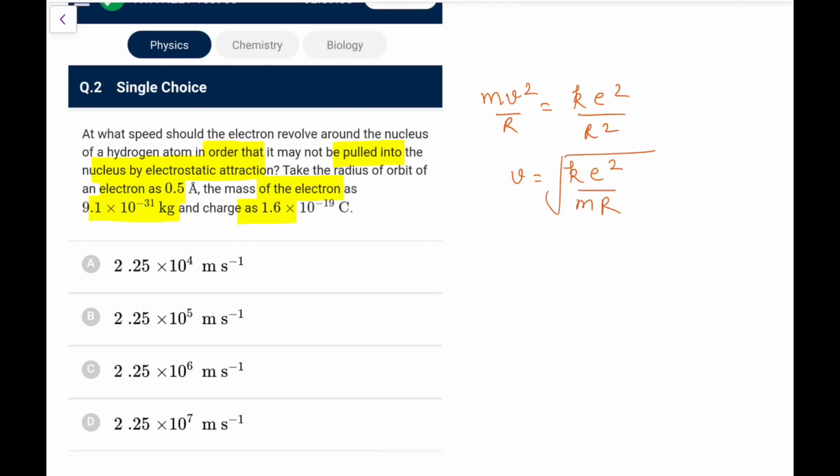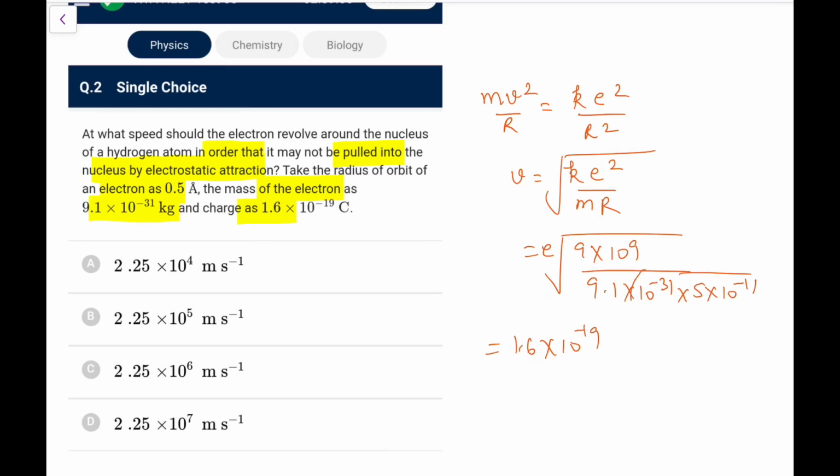If I do this and take e common, k is 9 into 10 to the power 9, m is given as 9.1 into 10 to the power minus 31, the radius is 0.5 angstrom, so I should write it as 5 into 10 to the power minus 11, and e you know is 1.6 into 10 to the power minus 19.